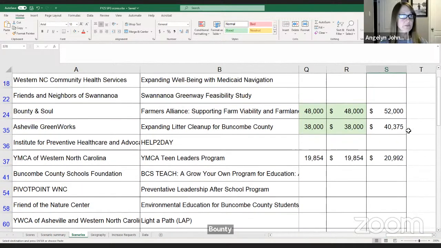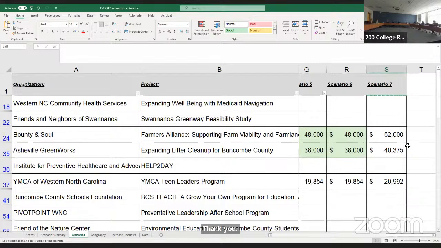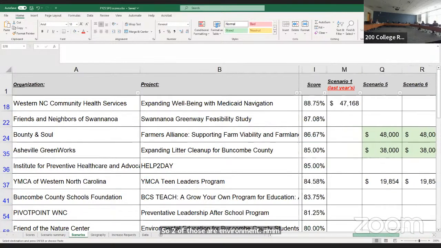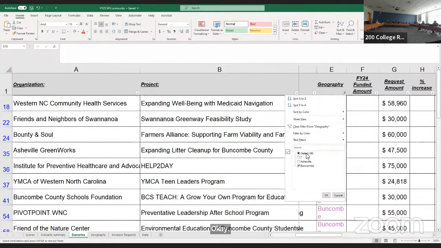Asheville Greenworks and the YMCA. So 2 of those are environment. Is YMCA, oh, they've got services that are occurring in Candler and Black Mountain.